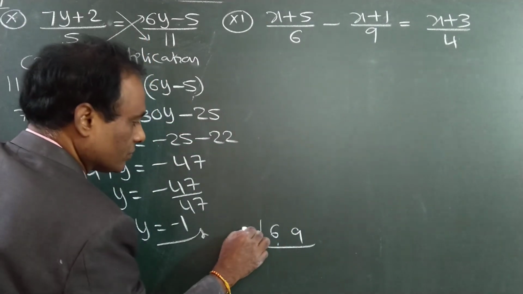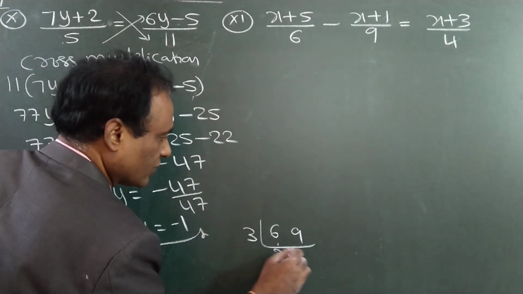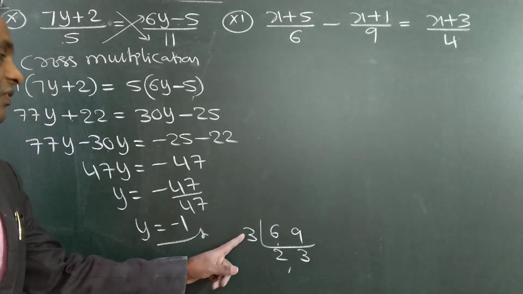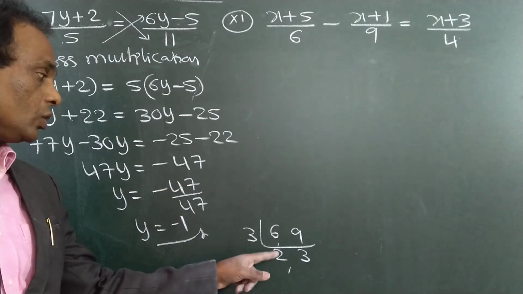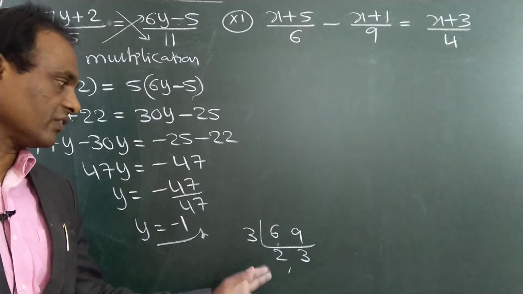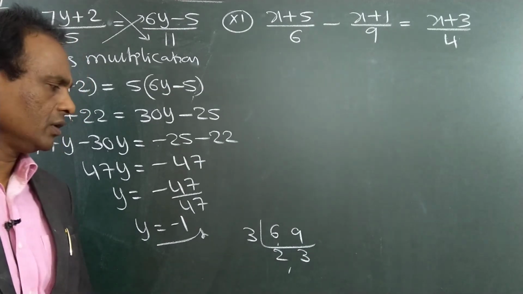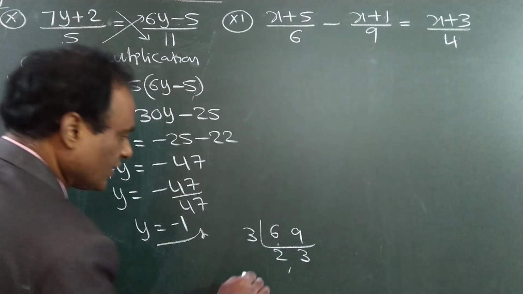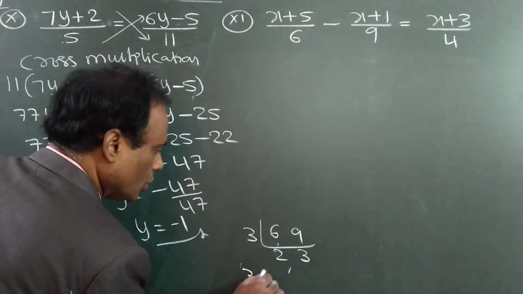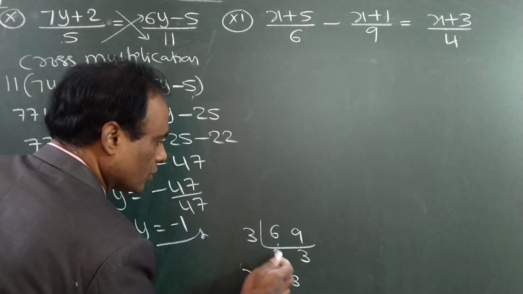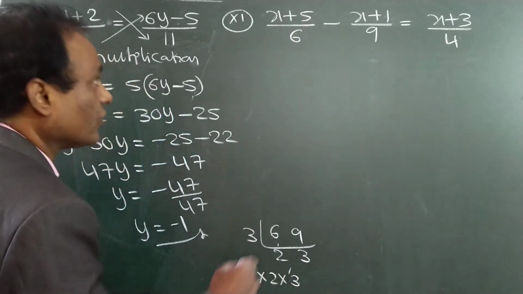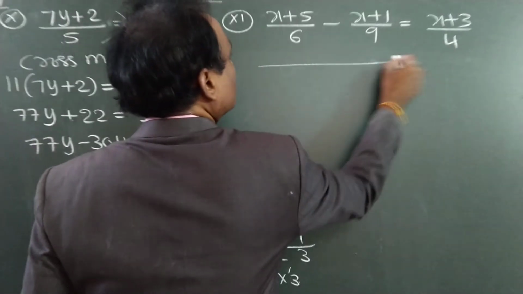Do you know what LCM is? 3 twos are 6, 3 threes are 9. Take 3 as the common divisor. So now the LCM is 3 into 2 into 3.